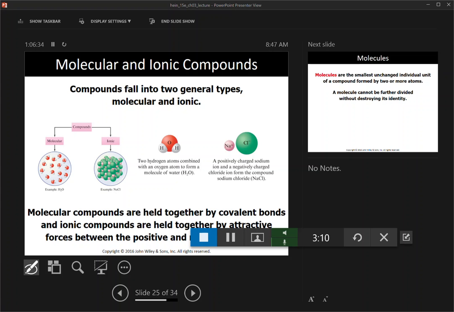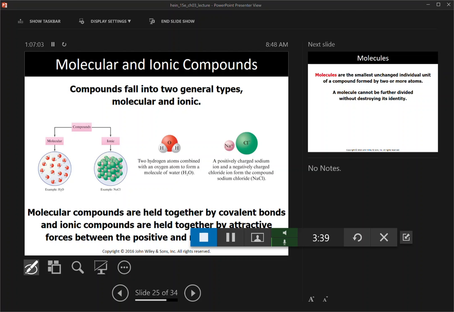The difference between molecular and ionic compounds is basically in terms of the attractive forces between the elements. Molecular compounds are composed of nonmetals or nonmetals and metalloids, and the forces that hold these elements together are called covalent forces or covalent bonds.